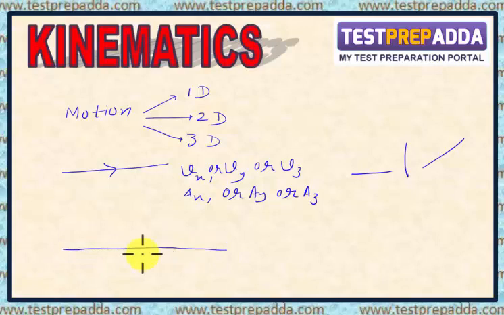This is the horizontal plane. Now I will throw in a vertical plane at an angle, let us say theta. Then what will happen? We get motion of this type.